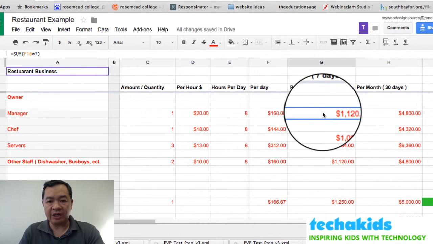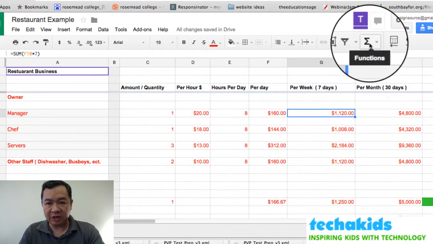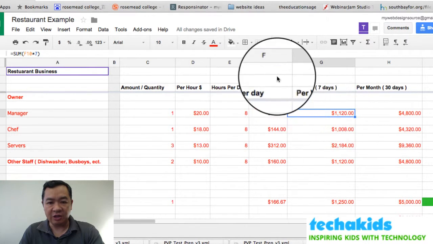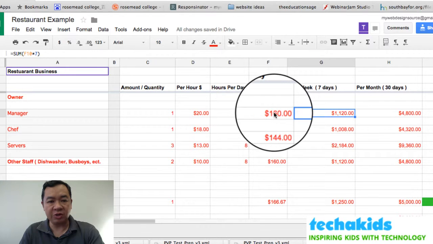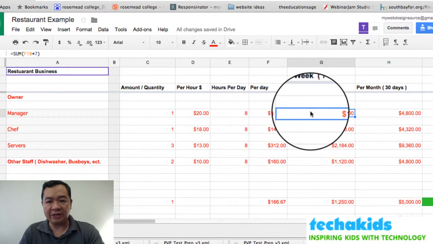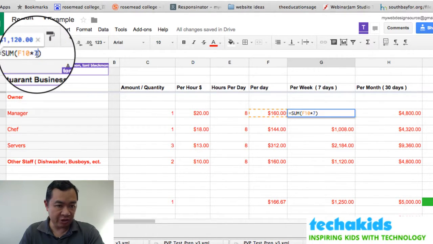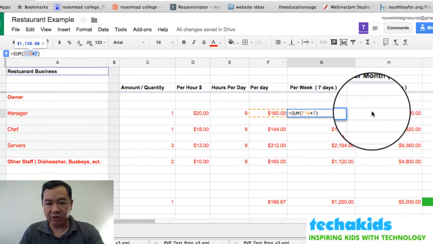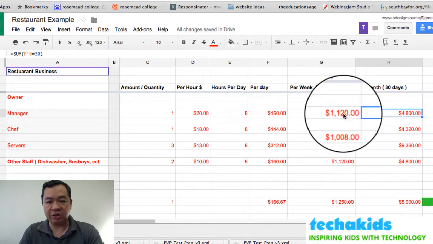And per week, you basically do the same thing. You put the sigma sign, the function, and in my calculation, I did F10, which is the $160 per day, multiplied by 7 days. That gives you the $1,120 per week earned by your manager.